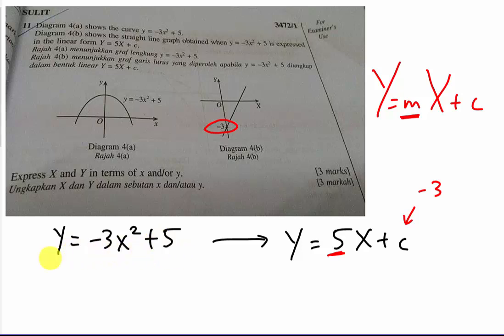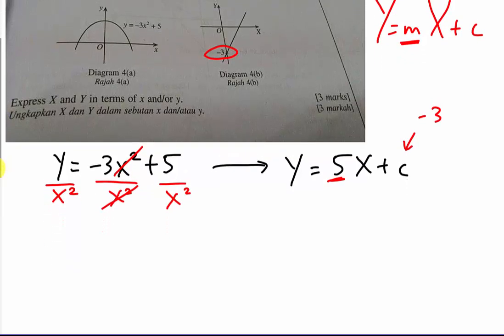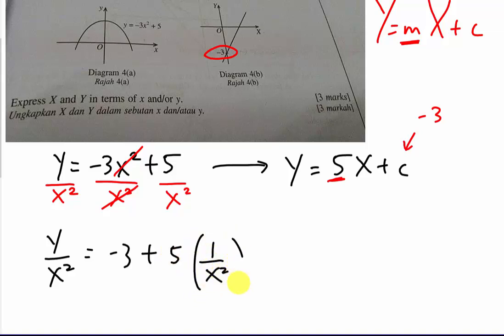After I divide by x squared, the negative 3 will become the constant itself. Imagine x squared and x squared, I can simplify, so I am left with negative 3 over here. Since I divided already, this is y over x squared equals negative 3 plus 5 over x squared. Or I can say this is 5 multiplied by 1 over x squared. They are the same thing.